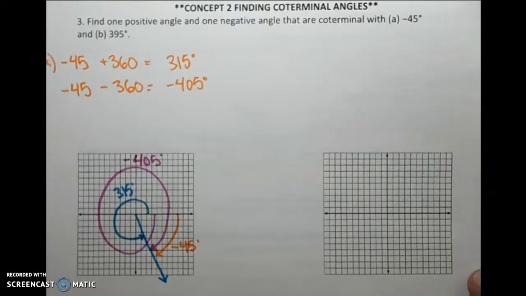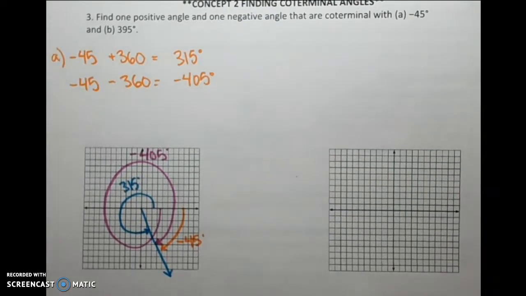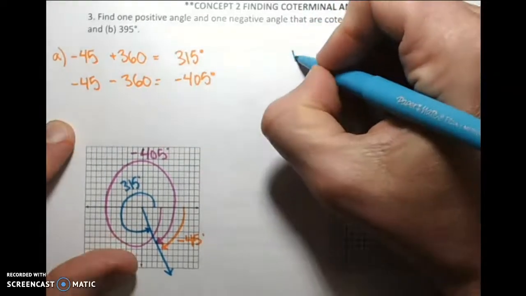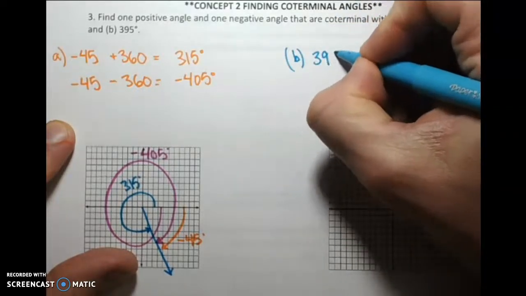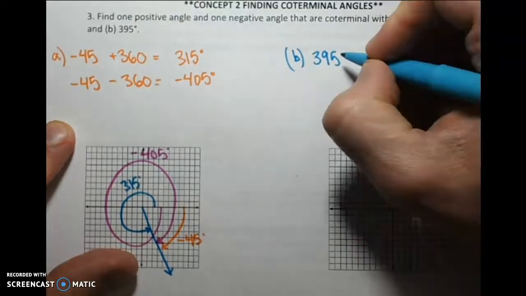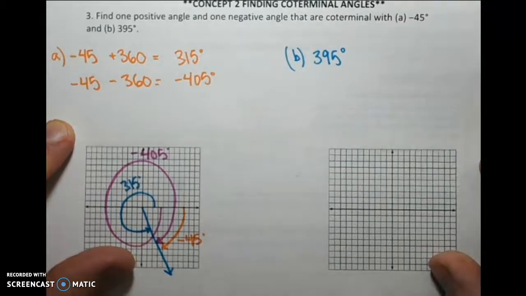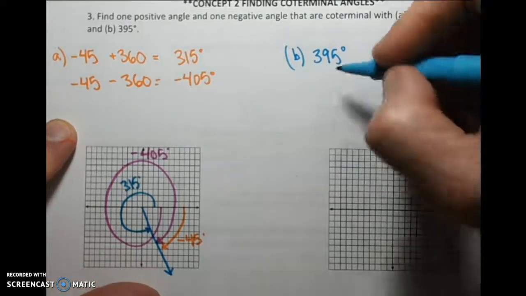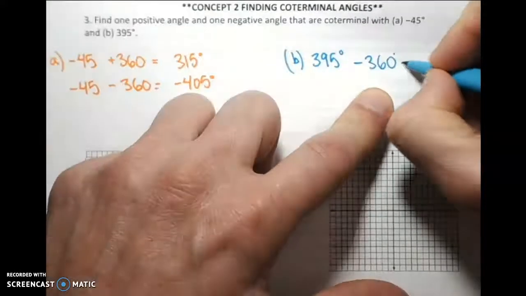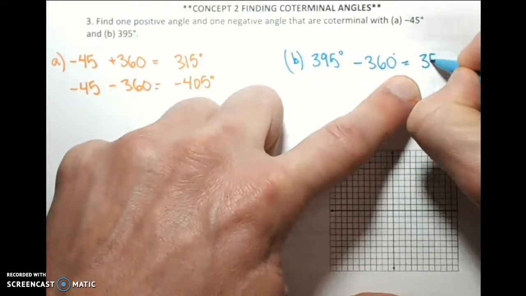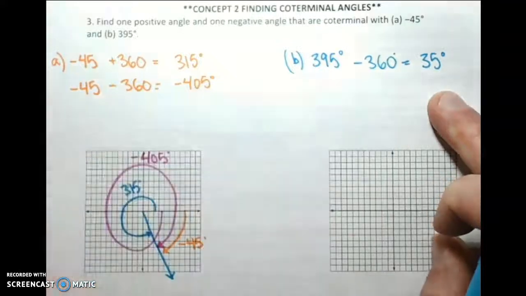Alright, I'm going to do the same thing this time for B, which is 395 degrees. I want one positive, one negative. So what if I subtract 360 right off the bat? That will give me just 35 degrees, and that's positive.